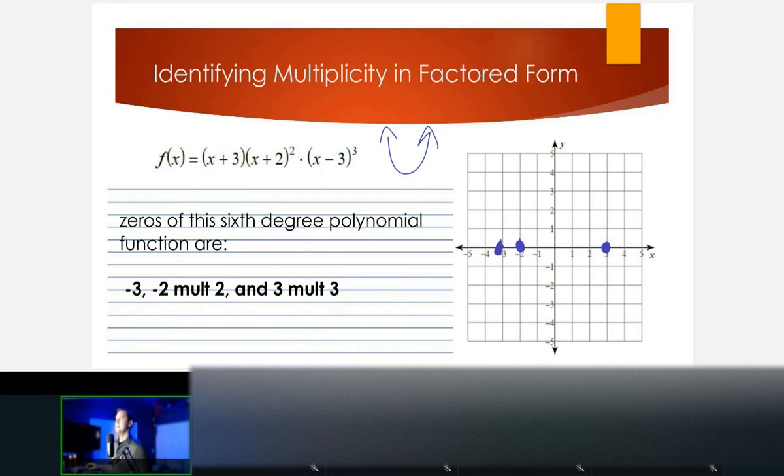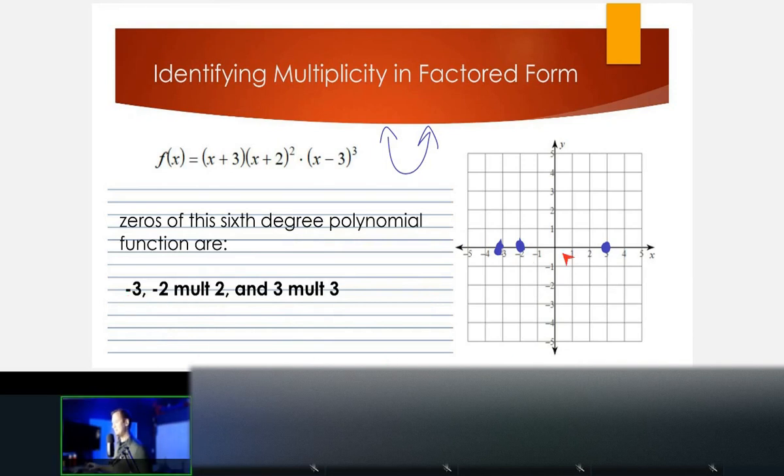All right. Next, looking at this one on the graph, what happens when we graph it? My question is, does it pass through or does it bounce? It passes through. I agree. All right.